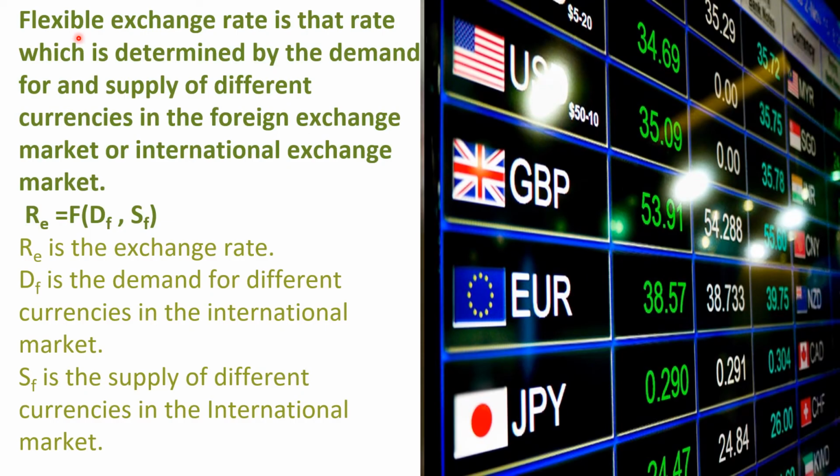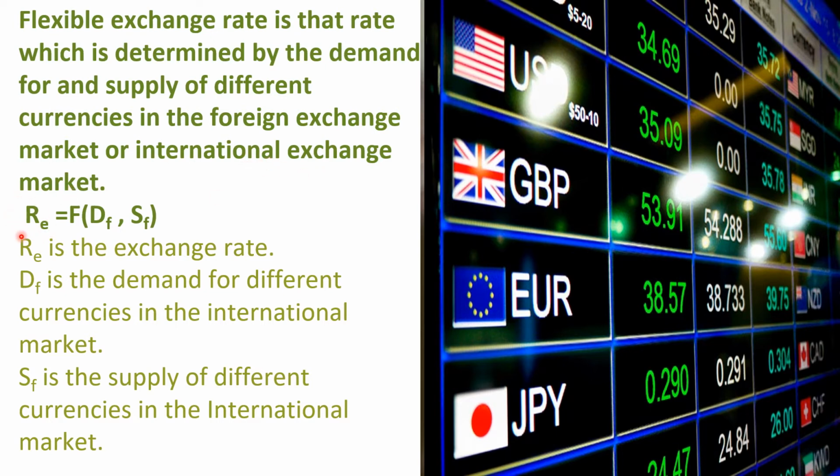Now let us study what the flexible exchange rate is, before we go on to study the flexible exchange rate system. The flexible exchange rate is that rate which is determined by the demand for and supply of different currencies in the foreign exchange market or the international exchange market.